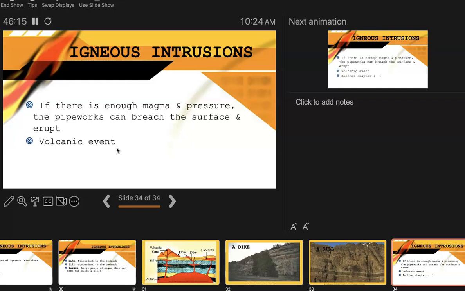But I think, for now, for our purposes, we are fairly safe in saying that, hey, if it gets lucky enough, for lack of a better word, to make its way to the surface, party popper time. You get a volcano. And not all volcanic events are big pointy mountains. You'll learn that.